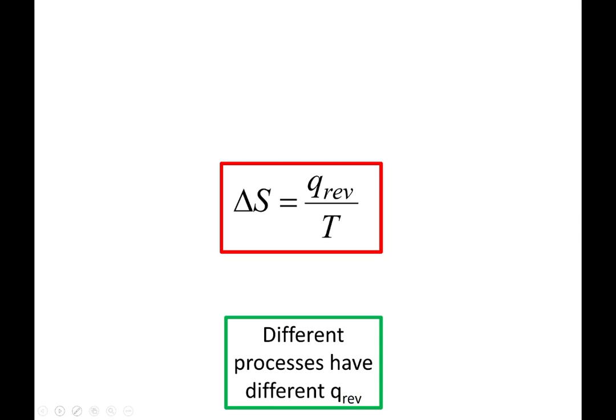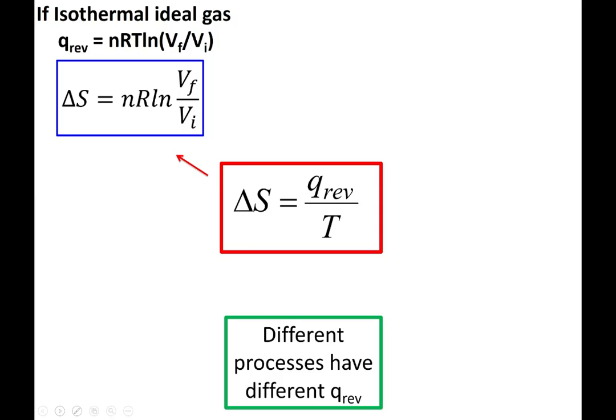They're going to have different heats associated with them. And so from there, you can derive a whole host of variations that are specific to the type of transformation that you're doing. If you have an isothermal process involving an ideal gas, then Q reversible is nRT ln V_f over V_i. So that gives you delta S is nR ln V_f over V_i.